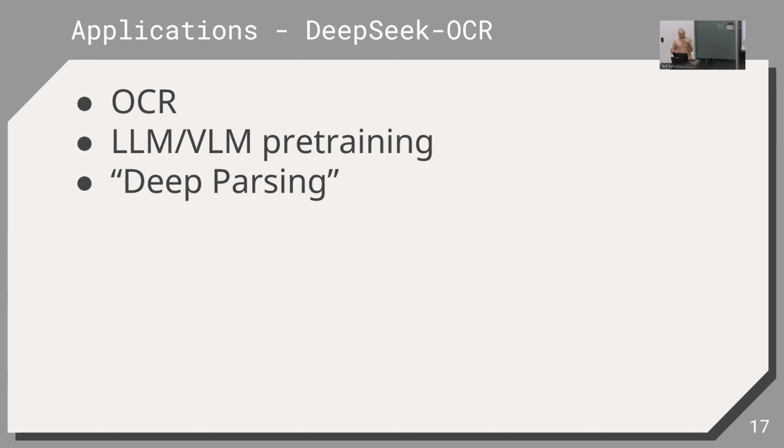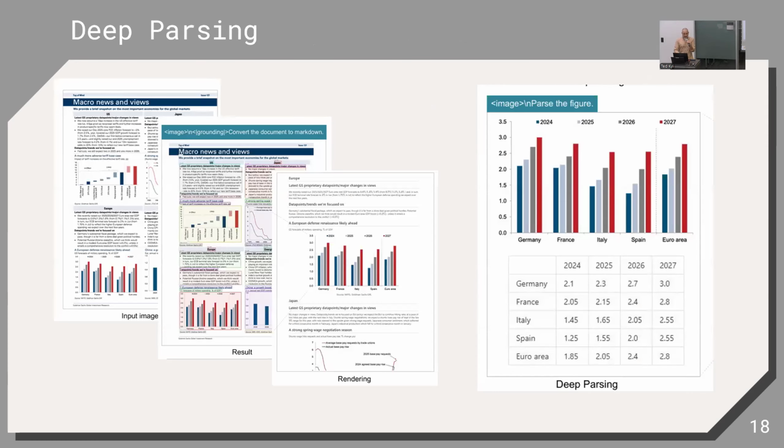And then the part of the paper that is of germane interest to me at the beginning of my presentation here is this concept of deep parsing, they call it. I've sort of smashed some images together. In the paper, they take this page on the far left about macro news and views. This is your typical business document.